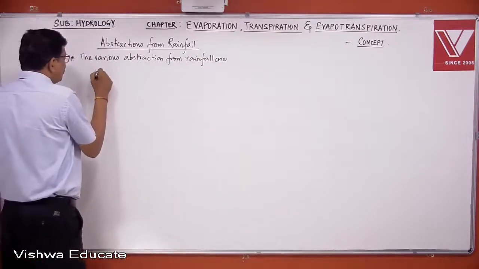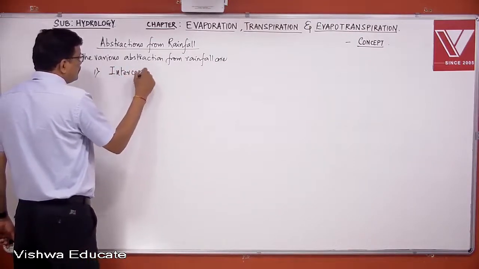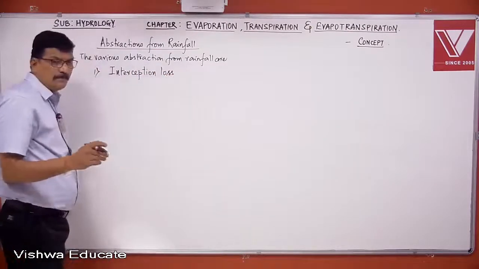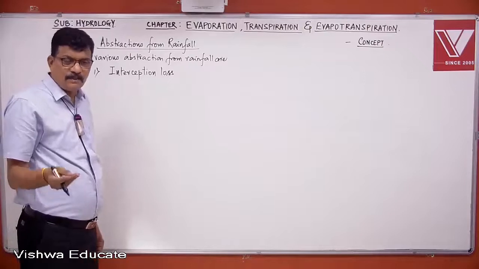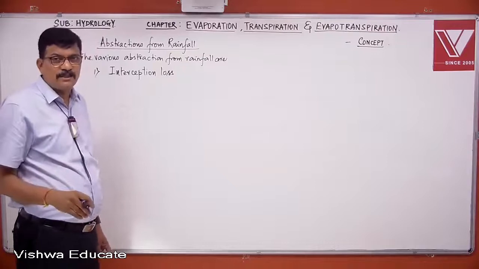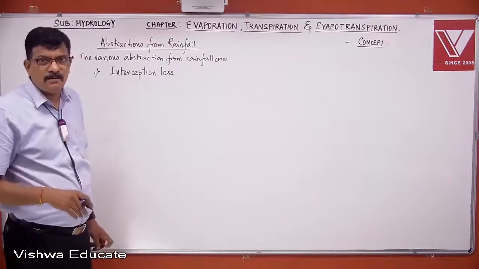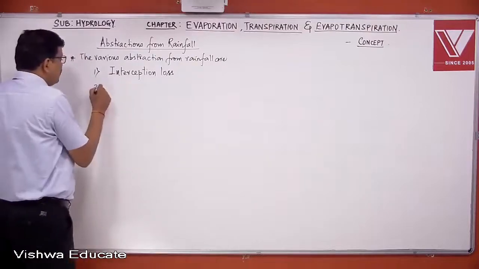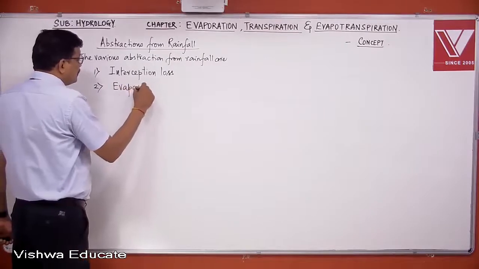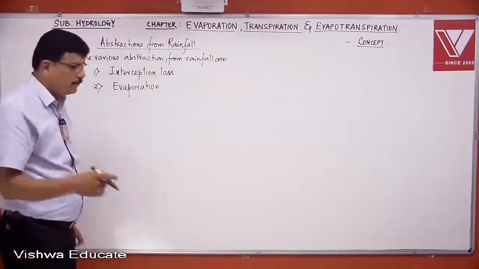Number one, it is interception loss. Some are losses, some get stored in some form or the other, but it is a deduction from the main precipitation or the rainfall. The second one is evaporation. All abstractions means it is losses only.